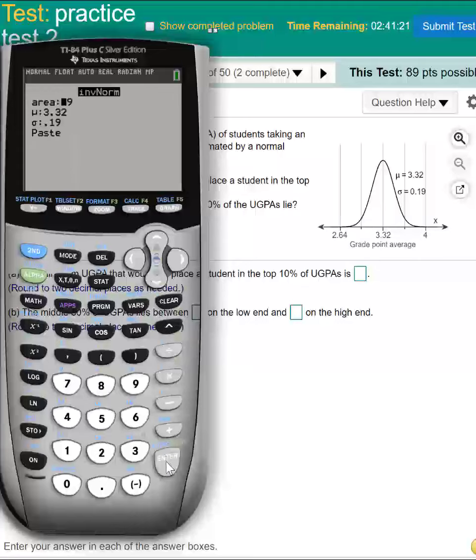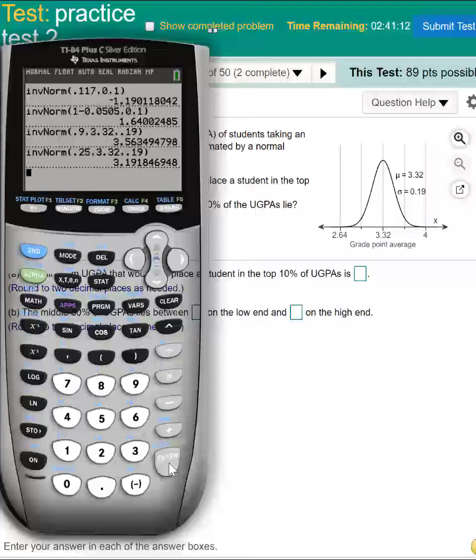That will give you the first middle value, 0.25, and enter, paste, 3.19. The second one will be the complement of 25%, which is 75%, because they add up to 100%. So I'm going to go second and enter, and I'm just going to change the 25 to 75. So again, this number and that number will add up to 100%. So this is how you do the middle again.